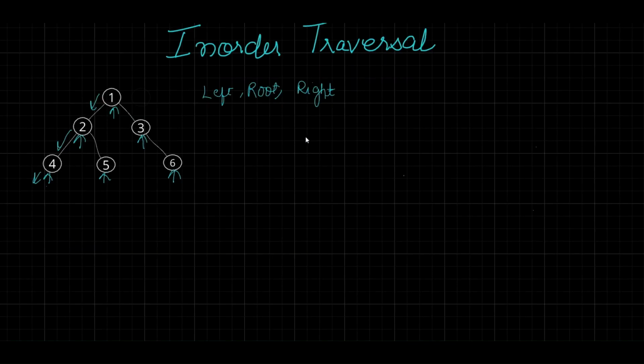Now if I explain the in-order traversal algorithm, we will basically traverse through the left side of the tree, and as soon as we receive a null node, we will move towards the right side after printing, of course, the root node. Let's suppose we have started with traversing through 1.